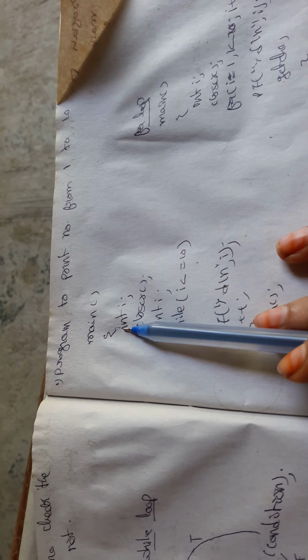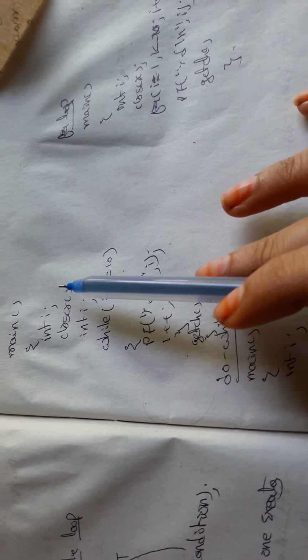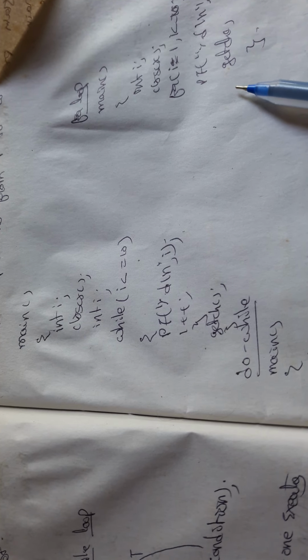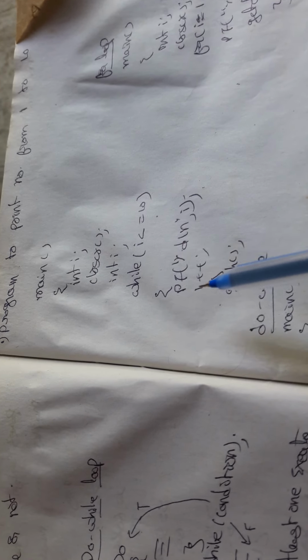Here are some examples I have written. I haven't mentioned #include stdio.h, conio.h and so on here because it is for brief revision. In real time you have to mention stdio.h, conio.h and the others. Now the program to print the numbers from 1 to 10.